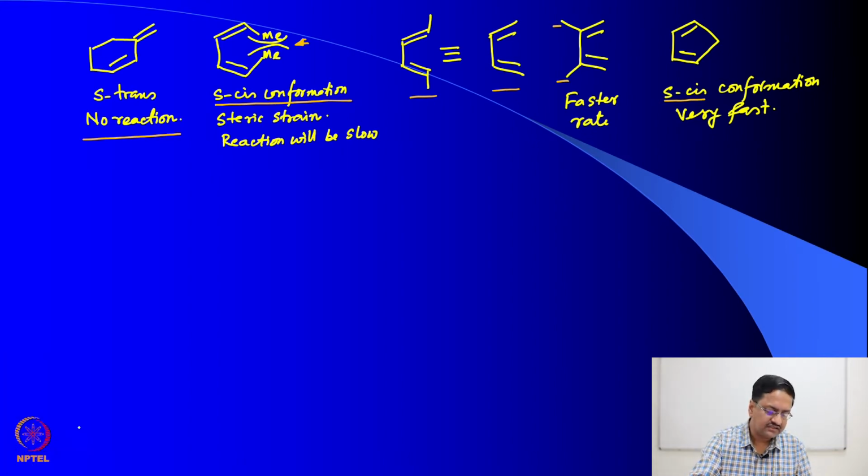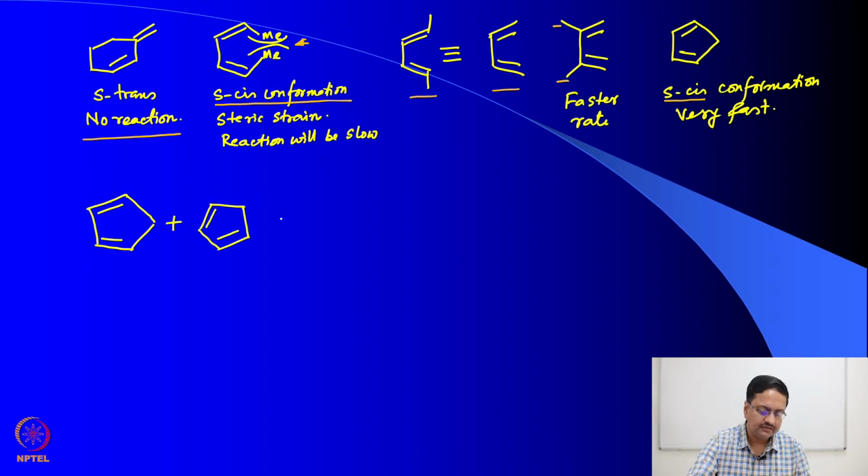When I was discussing this cyclopentadiene, it efficiently undergoes self dimerization through Diels-Alder reaction, and this happens even at room temperature, and you always end up getting the dimer of this product.